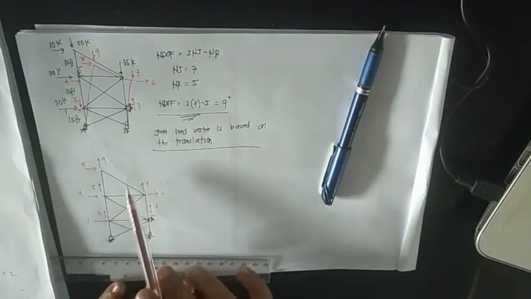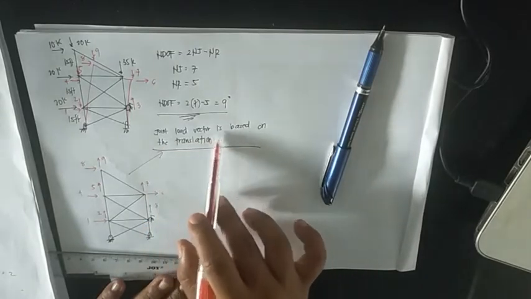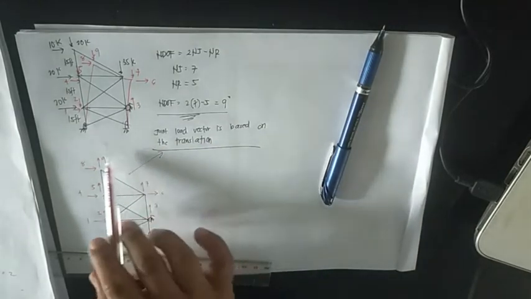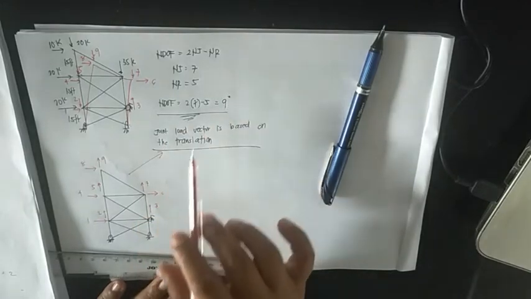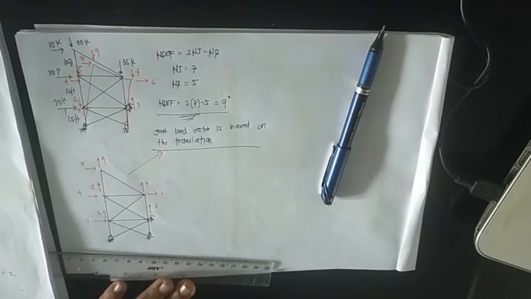Okay? So, can you see what I mentioned here? The joint load vector is based on the translation. So there are 9 translations, 9 degrees of freedom. There will be 9 joint loads also.